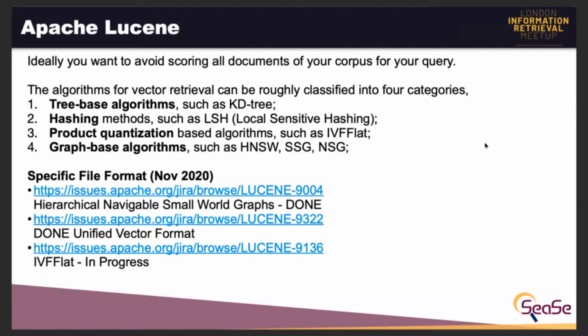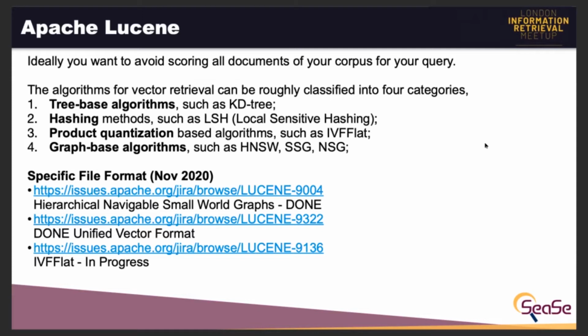We can classify algorithms for improving vector retrieval more or less in 4 big families. Tree-based algorithms, such as KD-trees. Hashing methods, that tend to hash a vector in a way that when you get the vector from the query, you can match similar vectors directly instead of scoring all the vectors.